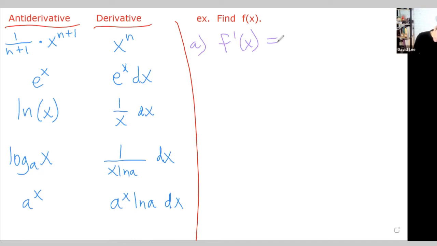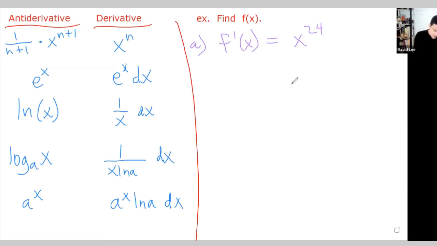Here we go, we have x to the power of 24. So here I have a derivative, x to the power of 24, and I want the antiderivative. Because this is a derivative, I look at the derivative column and ask myself which of these it looks like. It looks just like the first one, x to the power of a number. So the antiderivative is given by this definition here, 1 over n plus 1 times x to the n plus 1.